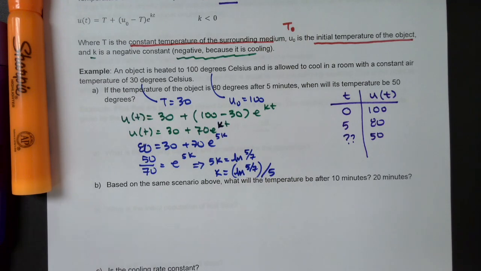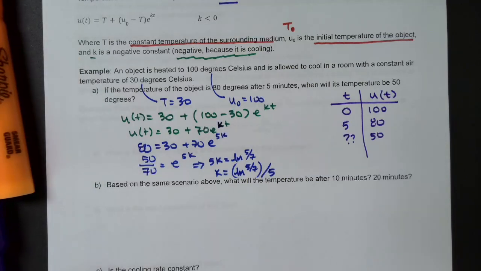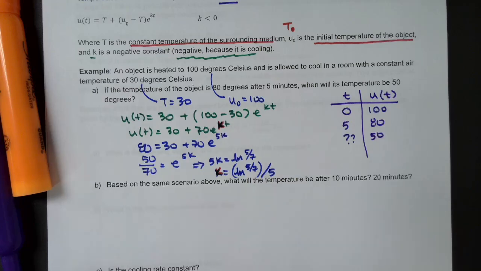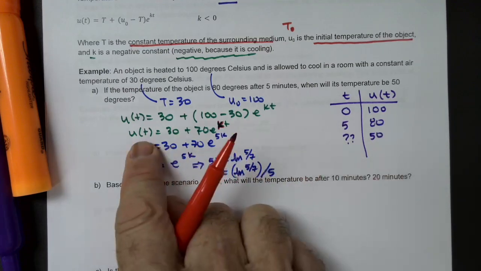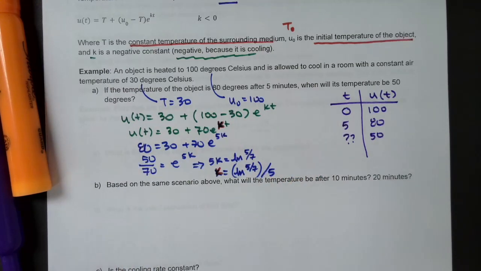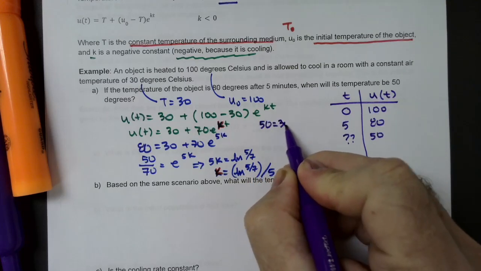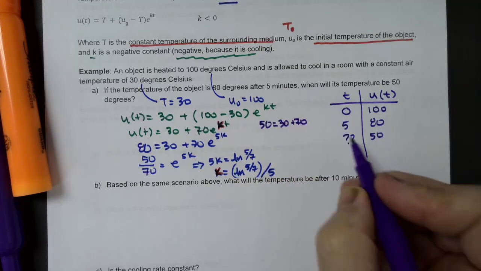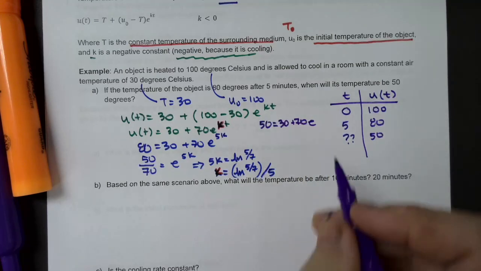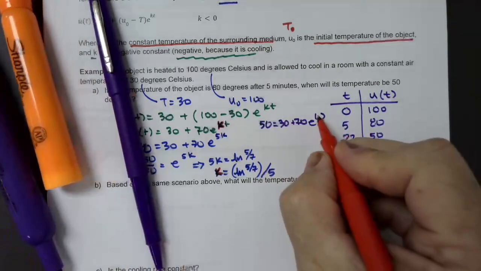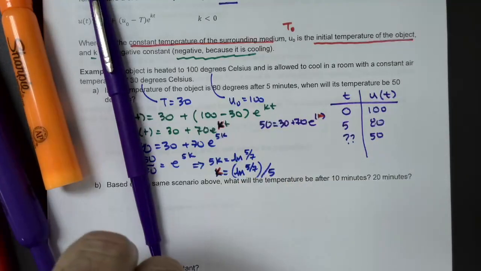Now that we know what our k value is, we can substitute in the 50 for the u of t and work backwards to find the t, or the time when that occurred. So this will be 50 equals 30 plus 70 e, and since I ran out of room, I'm just going to put this in parentheses, and that's just whatever this k number right there is.